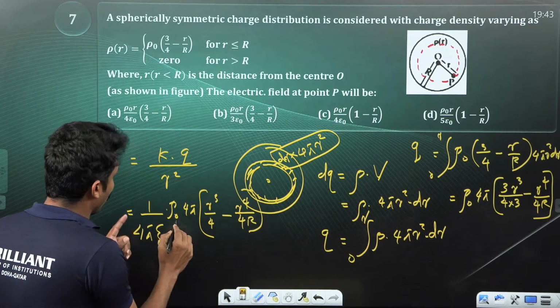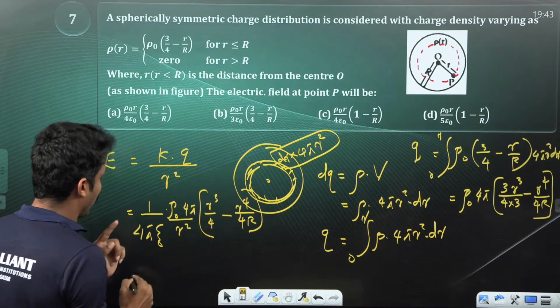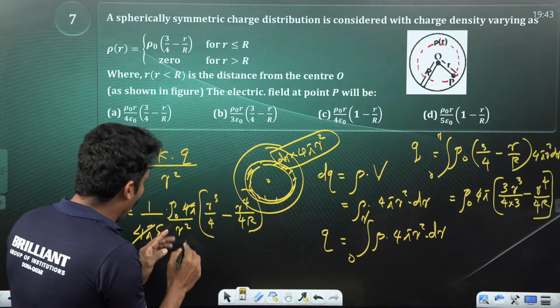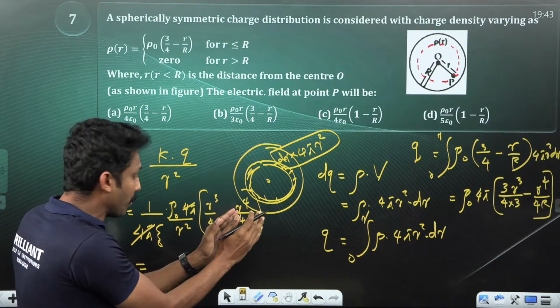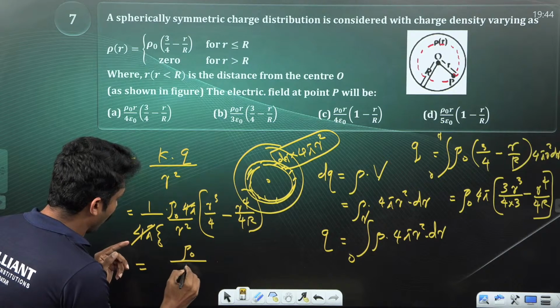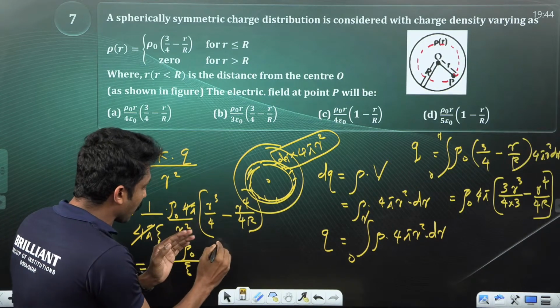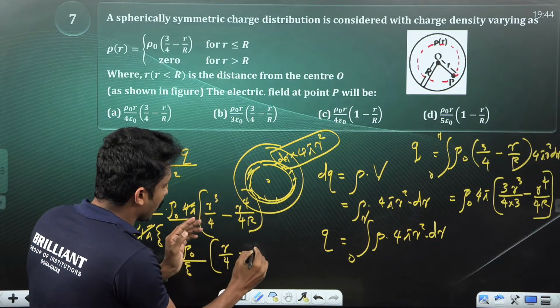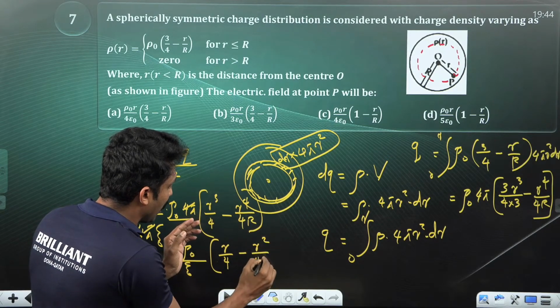Now divided by r square here. Now 4 pi is cancelled. Now r square is multiplied into the bracket. Now it comes to rho naught divided by epsilon naught, into the bracket: r by 4 minus r raised to 2 divided by 4R.